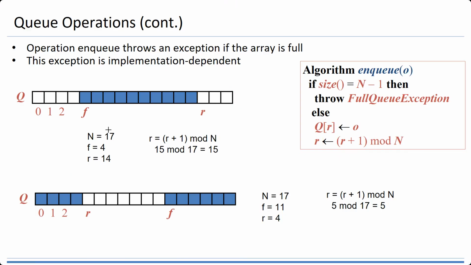For example, here we have F is 4 and R is 14. If I have a new item here, then the new R will be R plus 1 mod N. R is 14, plus 1 is 15, mod 17. Then the new R is 15. If R is 4, then using R equals R plus 1 mod N, we have 5 mod 17. Now it becomes 5.